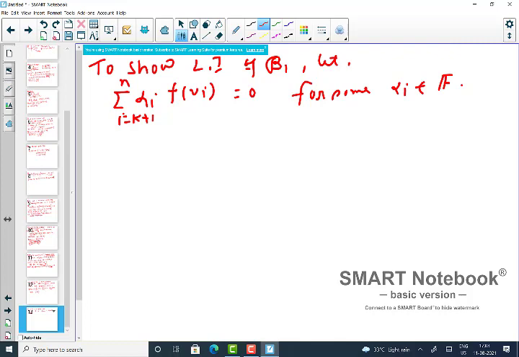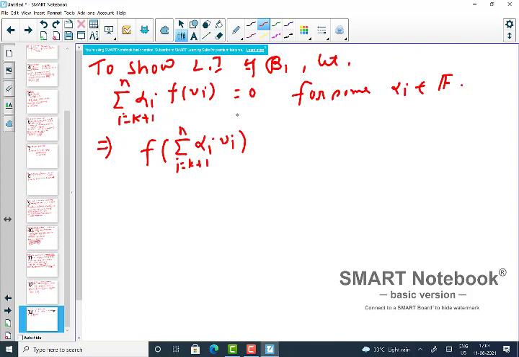Now if this is 0, then we know that, obviously, the property of linear transformation tells you that this is nothing but f of the summation of alpha_i v_i, for i equal to k plus 1 to n. This is 0, right? We know that.